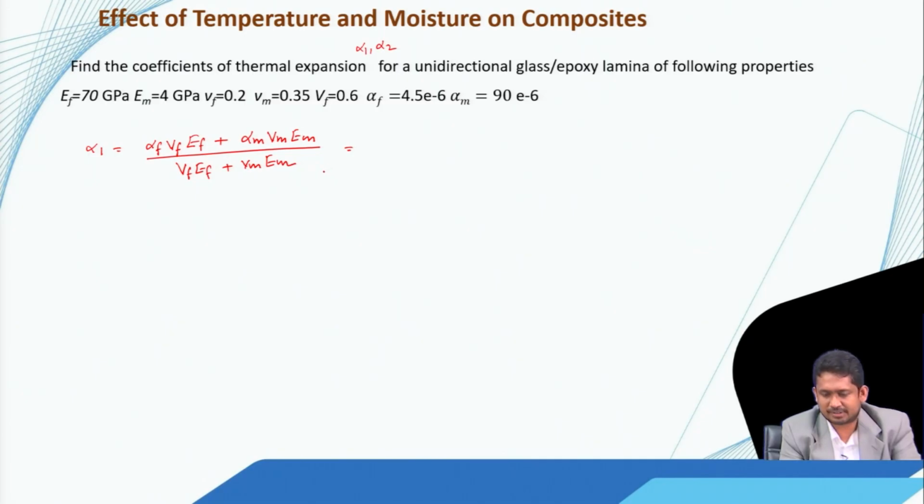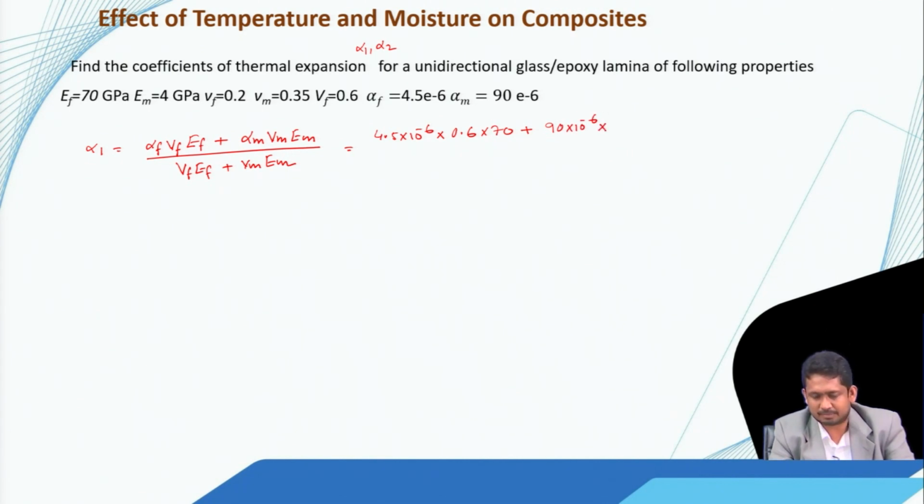So, alpha f here is equal to 4.5 into 10 to the power minus 6, and then we have Vf equal to 0.6, and Ef equal to 70 GPa, plus we have alpha m equal to 90 into 10 to the power minus 6, and then we have Vm, capital Vm, which is 0.4, because we know that Vf plus Vm is equal to 1.